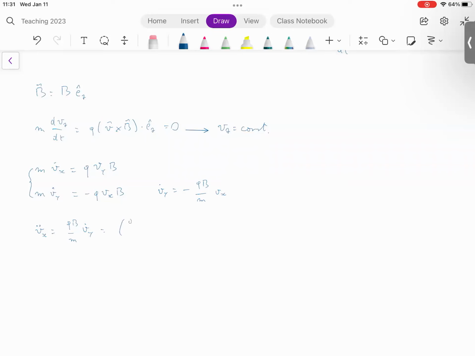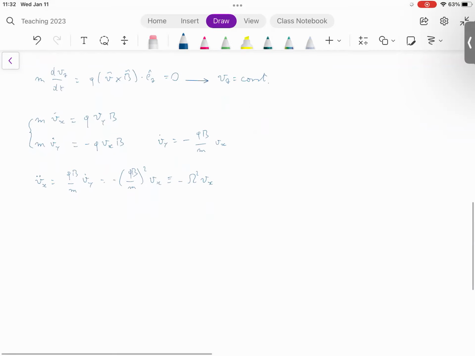So this gives me minus (qB over m) squared times v_x, and this I'm just going to call omega squared v_x. This is obviously circular motion with frequency omega.